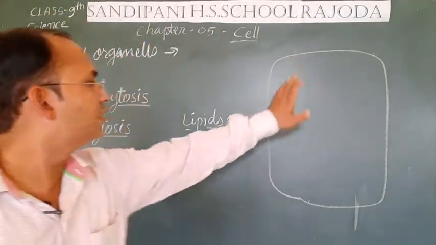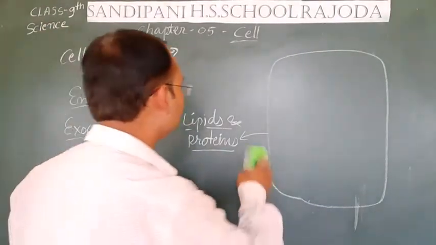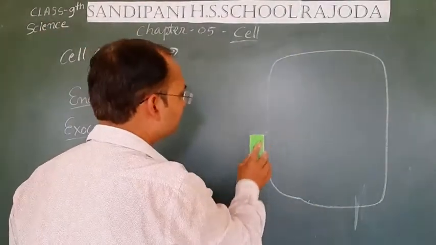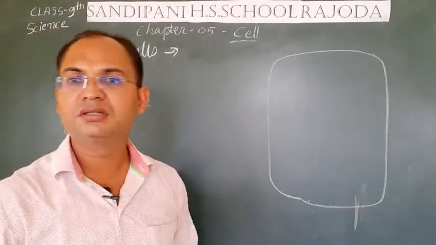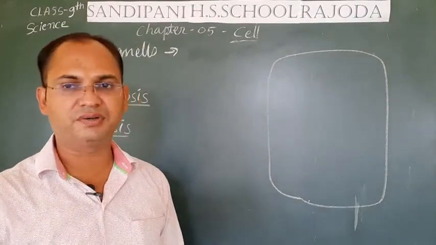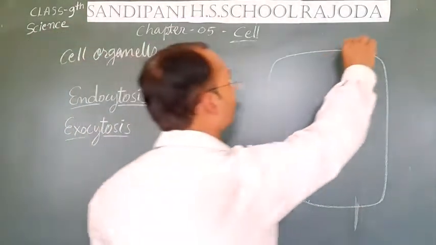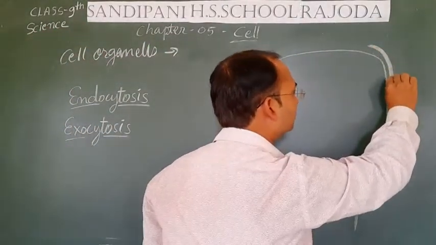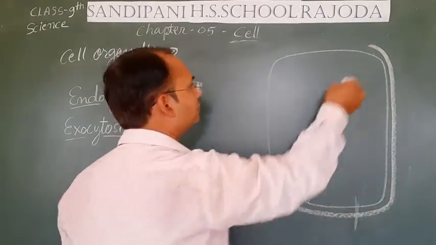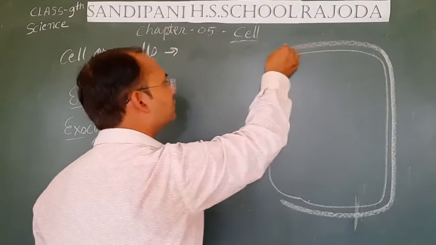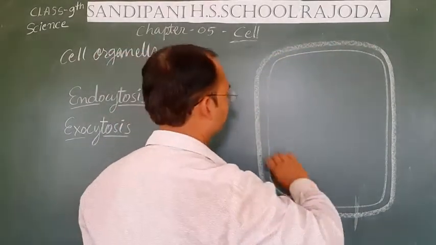Now students, this cell membrane is present in plants as well as in animals. But apart from the cell membrane, only in the plant cell is another hard covering found. That covering is known as the cell wall. A hard covering that is present outside the cell membrane, which is mainly made up of cellulose.